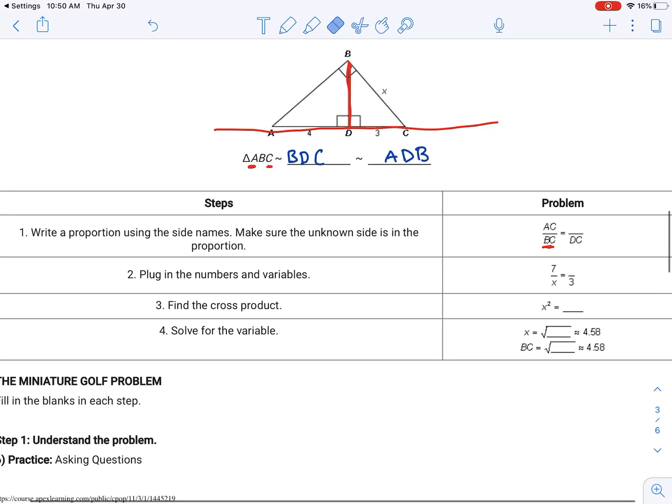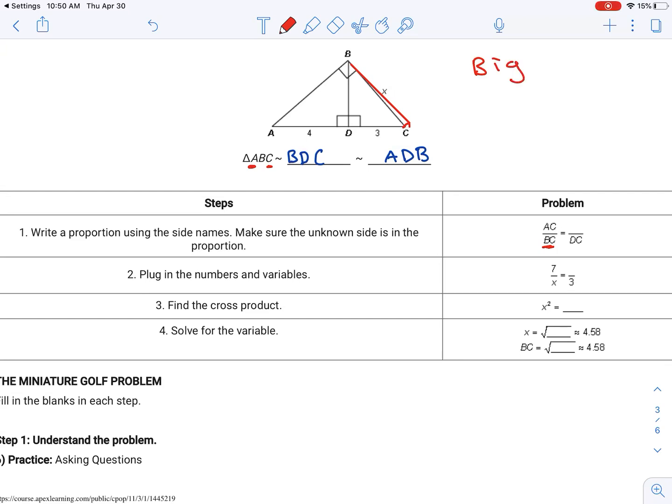So BC is the hypotenuse of which triangle? It's the hypotenuse of this one out here. So I can tell it's comparing the whole big triangle to the triangle on the right. It lined up the hypotenuse of the big one.